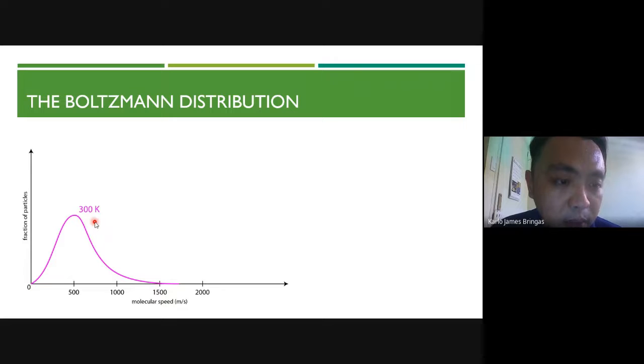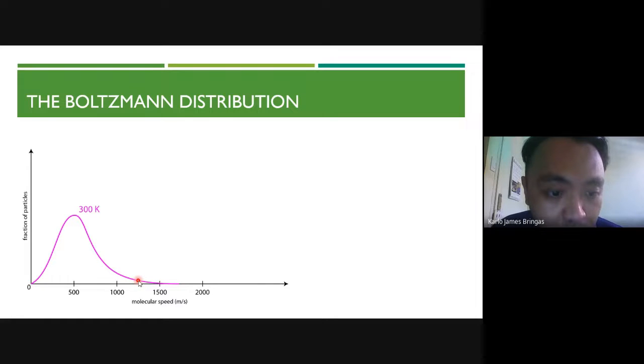Again, it doesn't mean that because our most probable speed increased, there is no longer any gas particle moving quite slowly. There are still some that are moving very slowly, just a small fraction, that's why the height of the point I'm pointing at is rather low. And there are also some in here that are moving very fast, much faster than the most probable speed.